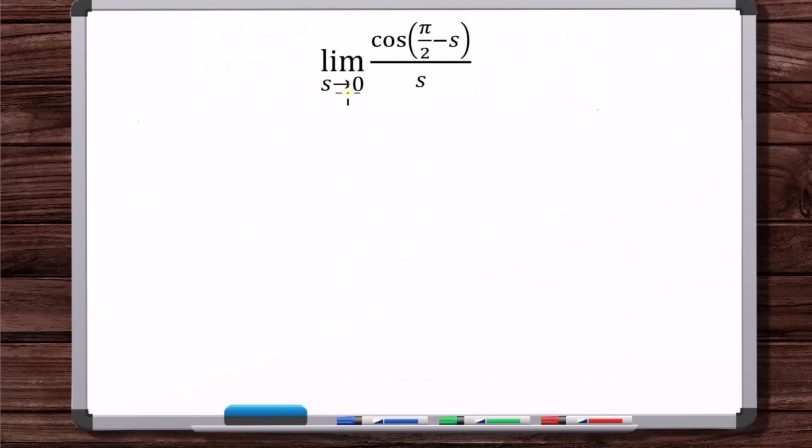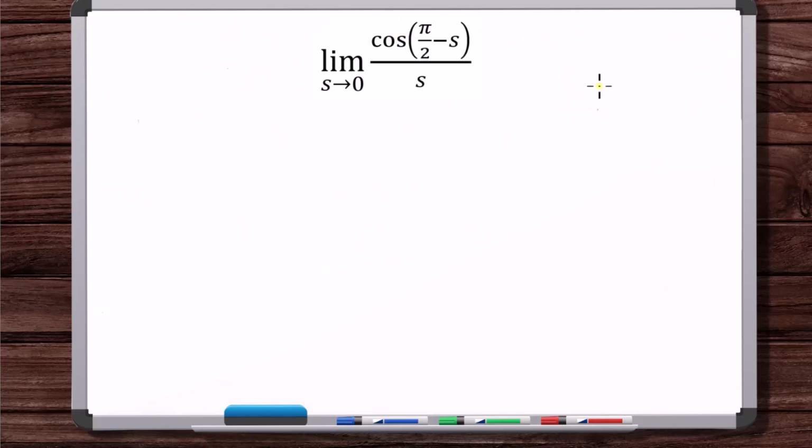The limit as s approaches 0 of cosine of pi over 2 minus s, over s. All right, so plugging in 0, the numerator goes to cosine of pi over 2, which is 0, and the denominator goes to 0, so you've got a 0 over 0 indeterminate form. So we want to try and remold this expression into a different form.